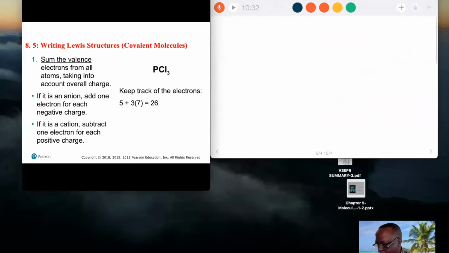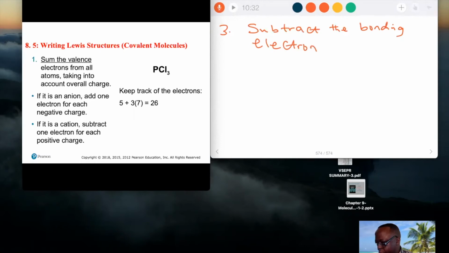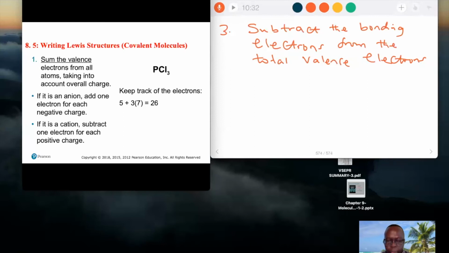Look at 3 here. What we are going to be doing is subtract the bonding electrons from the total valence electrons. Remember, in rule number 1, it's determine the total valence electrons.